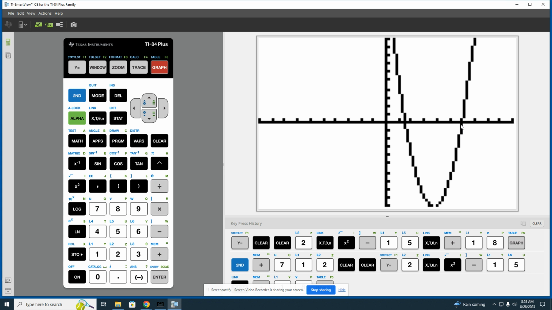So what do we call any equation at the place where it crosses the x-axis? We call those starts with an S, ends in olutions. Solutions. We call them solutions. Very good.